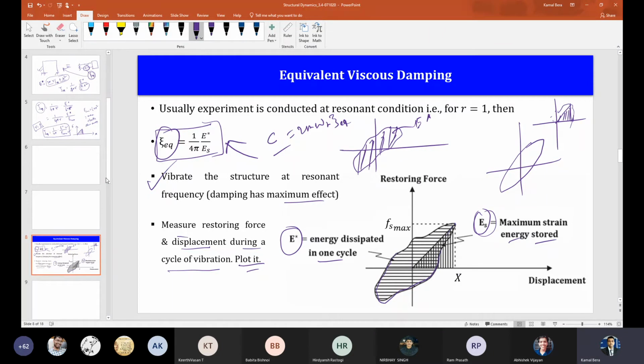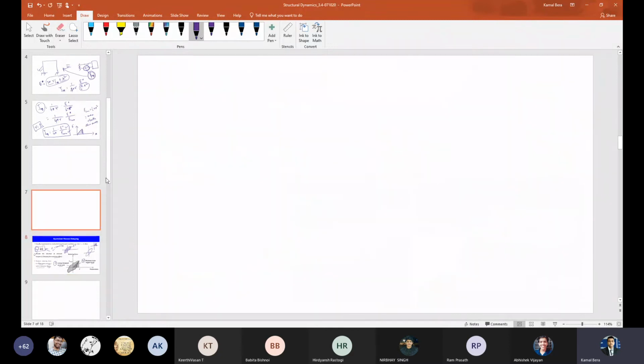So what are the methods we have learned so far to find out the damping ratio? What are the methods we have learned to find out the zeta? What is the first method?